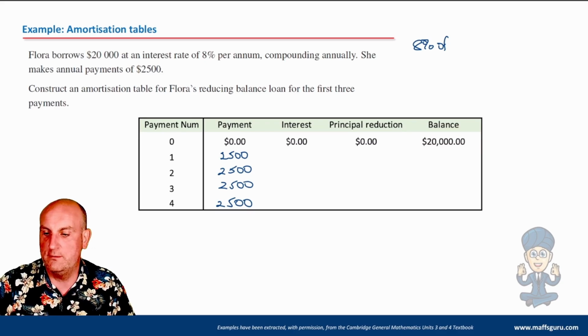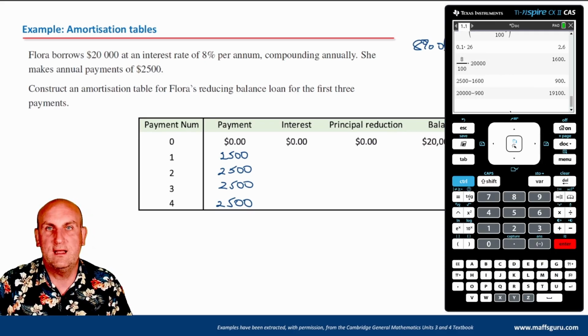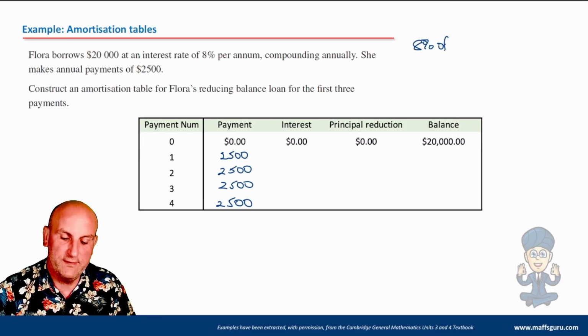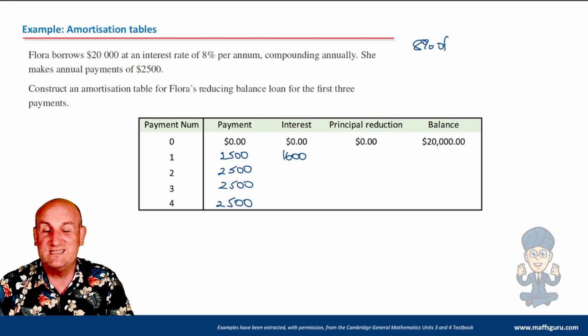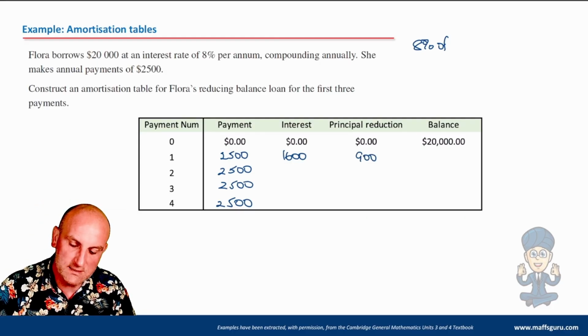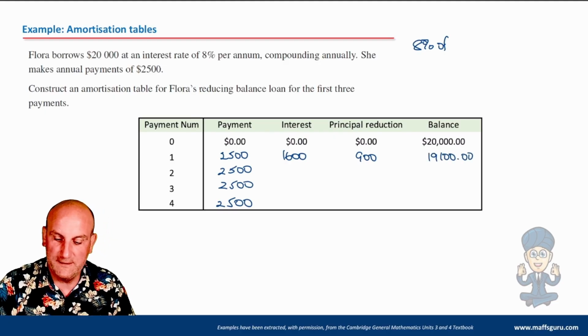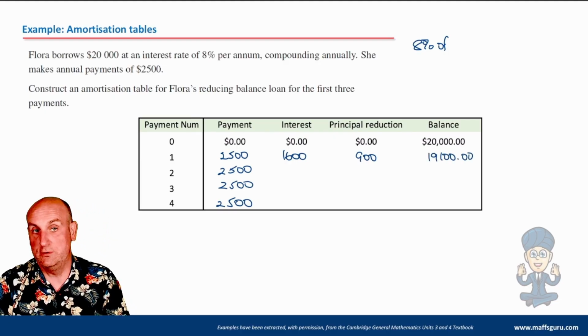I've already done that on my calculator. That was $1,600. The principal reduction, because this is a loan, is the payment minus the interest, which gave $900. And the balance was $19,100. Ka-ching.